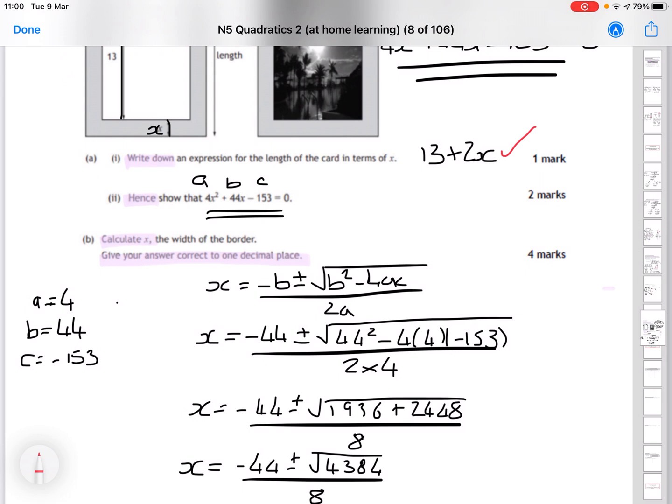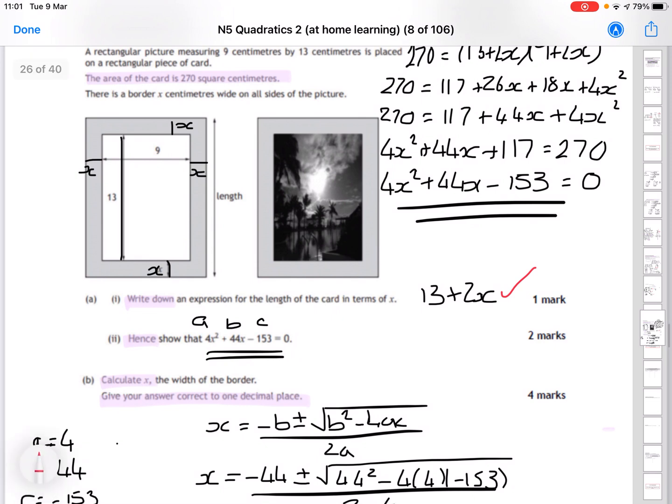We get 1 mark for expanding out the double brackets correctly, so you get your first mark for this section here, expanding out your brackets correctly with FOIL. And then your second mark is for tidying it up, both these lines here, and then bringing everything to the left so that it equals 0. That's your 2 marks there.